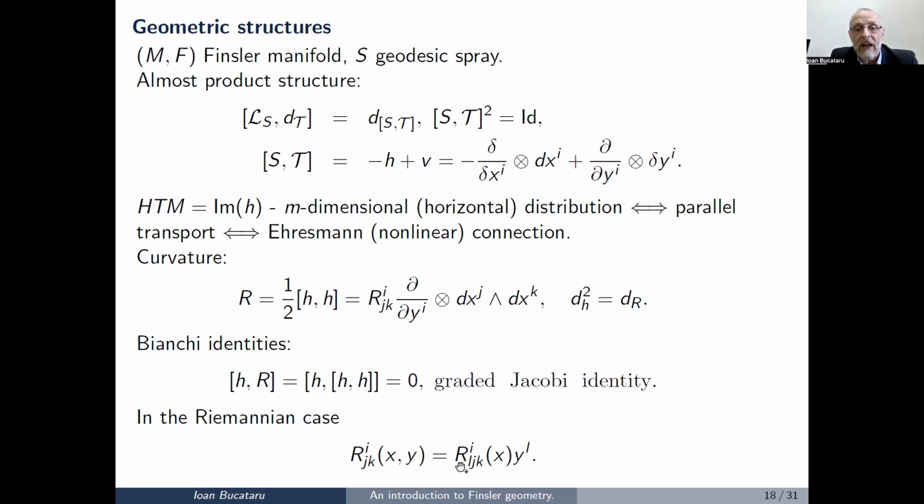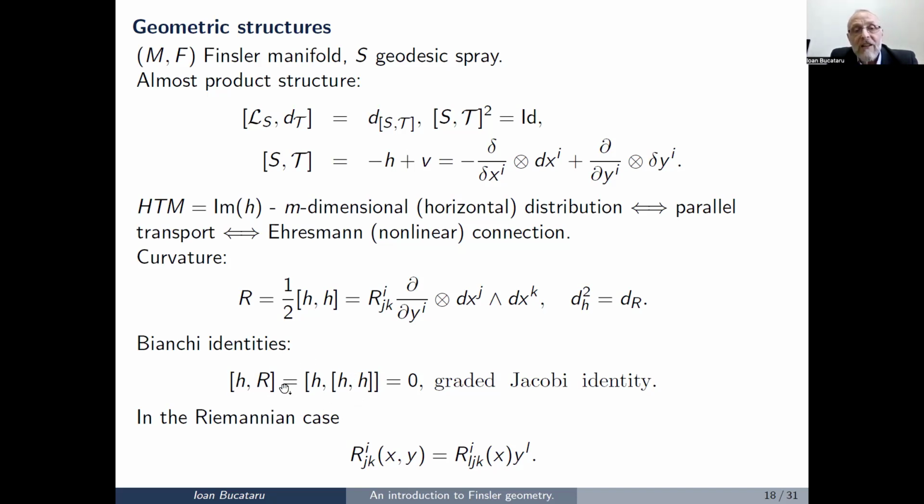For example, for this curvature, you can write the algebraic Bianchi identities and the differential Bianchi identities. The differential ones come, if you write the graded Jacobi identity, you get this.